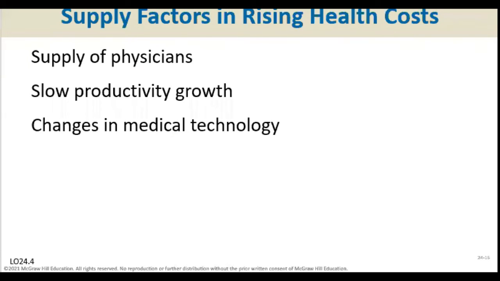For the supply of physicians in the United States, we see an increase over the years, but this supply has not kept up with the increase in the demand for physician services. And since healthcare is a service, not a good, it is generally more difficult to increase the productivity of a service compared to the productivity of a good.